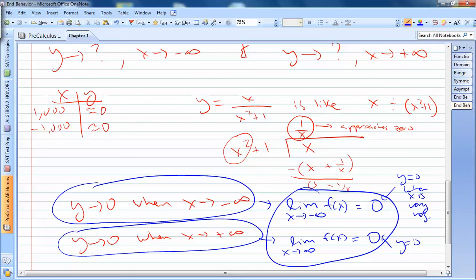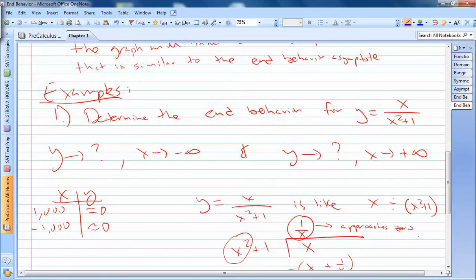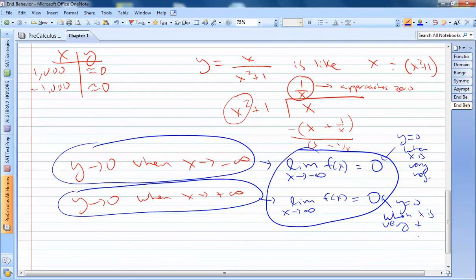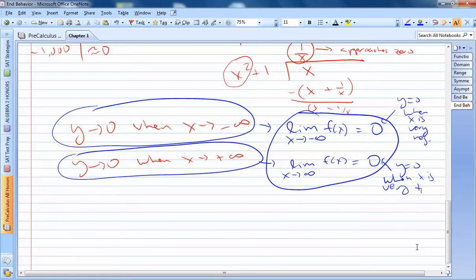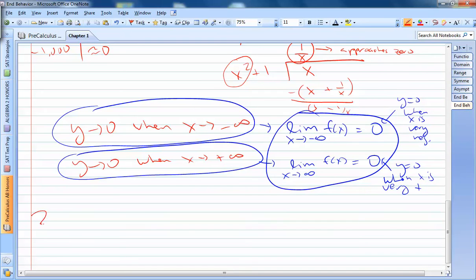Y equals 0, essentially, when x is very positive or very large. And for you to graph it, the graph would have a horizontal asymptote at y equals 0. So that, again, is another way of expressing your end behavior asymptote when you look at a horizontal asymptote. Let's look at another example. Number 2.